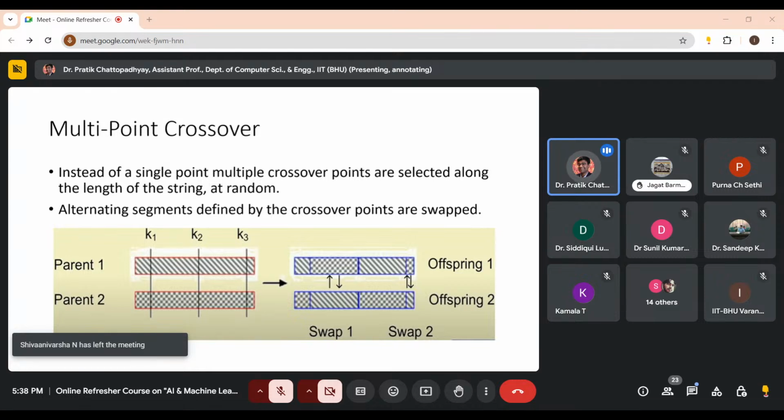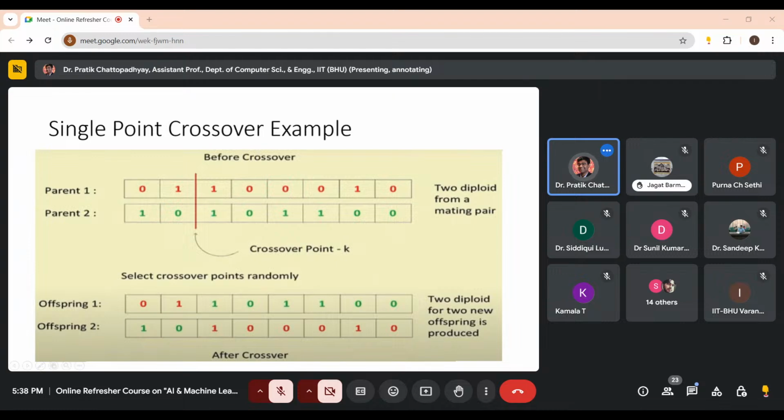Positional bias, I can explain in a very simple way. For example, in single point crossover, whatever crossover point we choose, so crossover points can be chosen after the first bit, after the second bit, or so on.